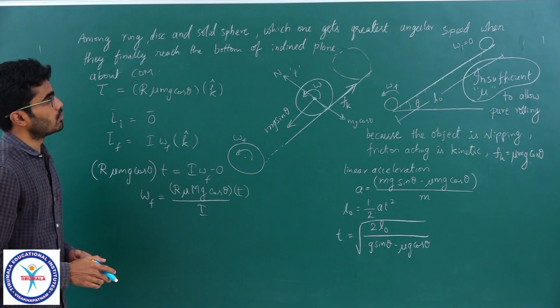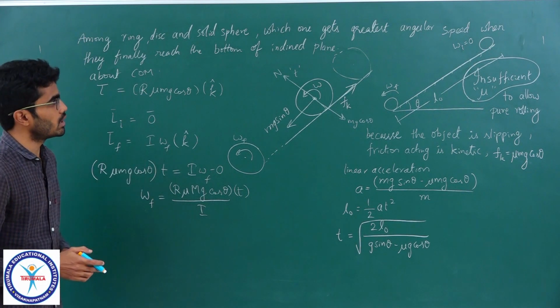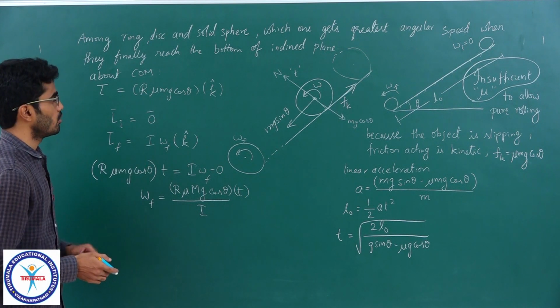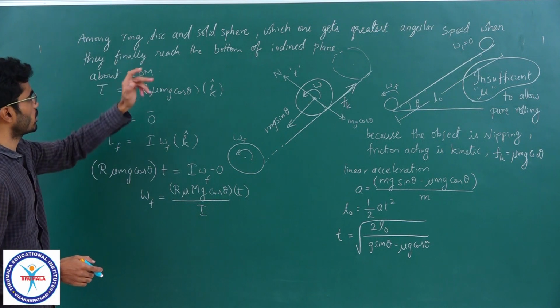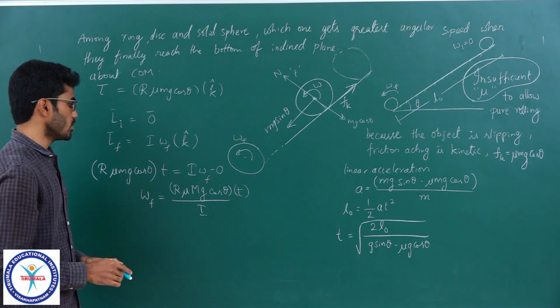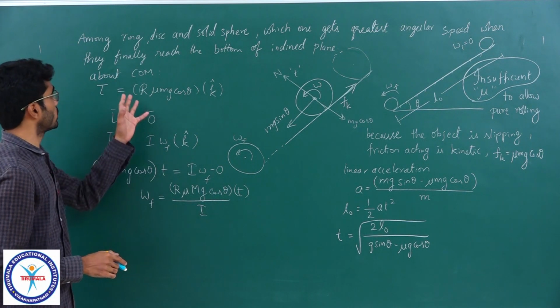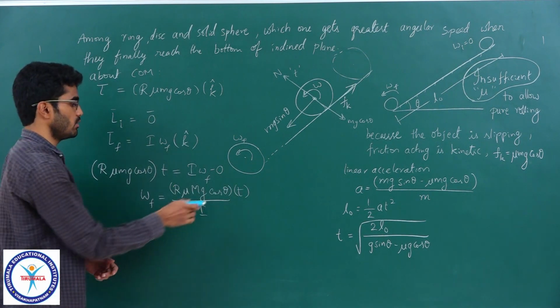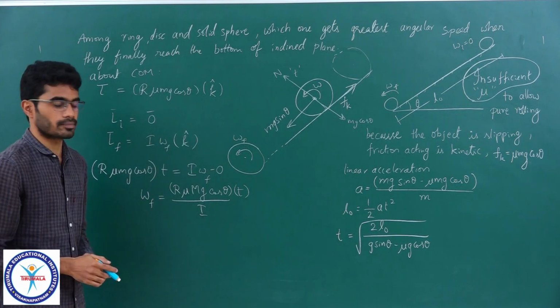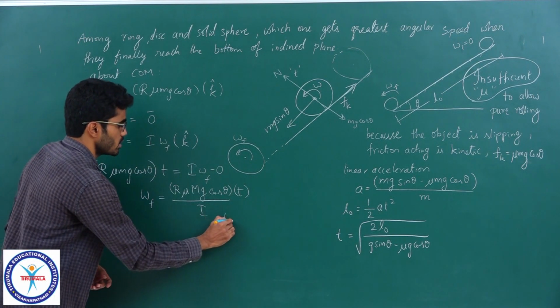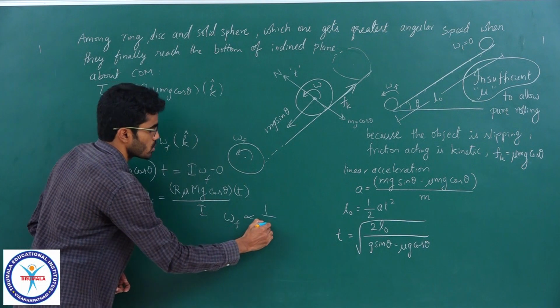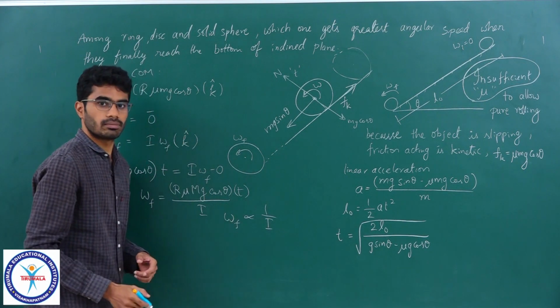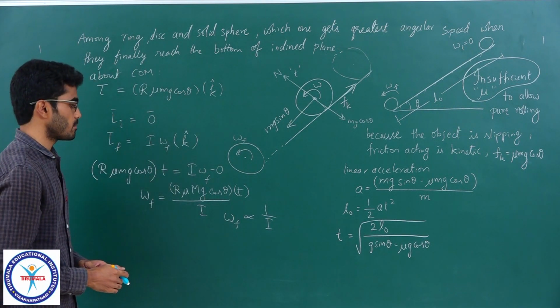So, now we have to find which one gets the greatest angular speed for all the 3 objects, ring, disk and solid sphere. So, if you compare for the 3 objects, all these terms are equal, even the time taken to reach the bottom. So, from this we observe that it is inversely proportional to the moment of inertia of the object.